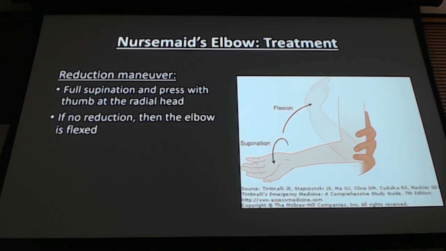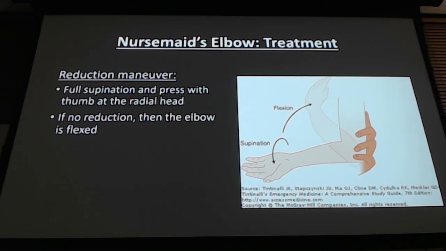All right, so their arm is held in pronation, correct? So what you're going to do is you're going to put your thumb on the radial head and you're going to try to do what? Supinate. Yes, supination. All right, so you're going to try to go palm up. If that doesn't work, then you're going to flex them.